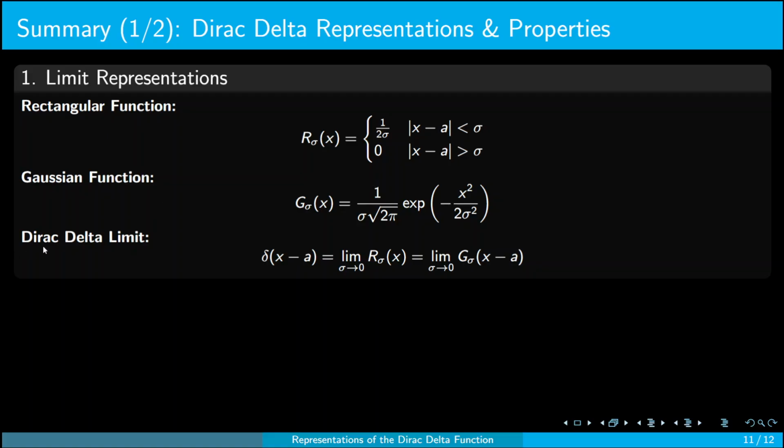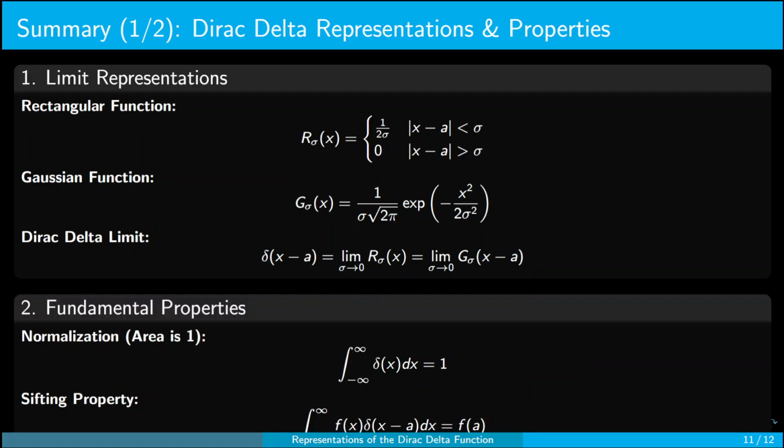So we took the limit sigma tends to 0 of r sigma x for the rectangular function, and the limit sigma tends to 0 of g sigma x minus a for this Gaussian function. We will get a Dirac delta function. Okay, so a fundamental property of the delta function is that if we integrate it from minus infinity to plus infinity, we will get 1.